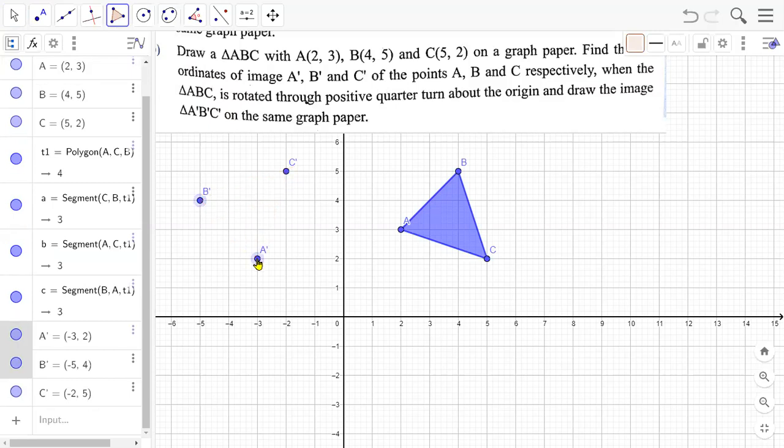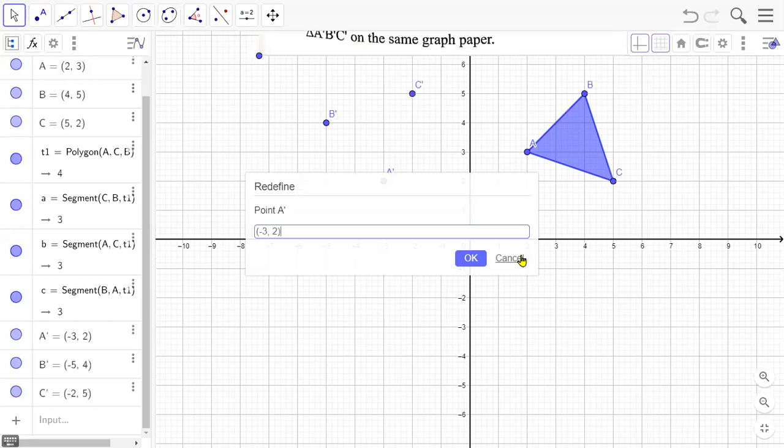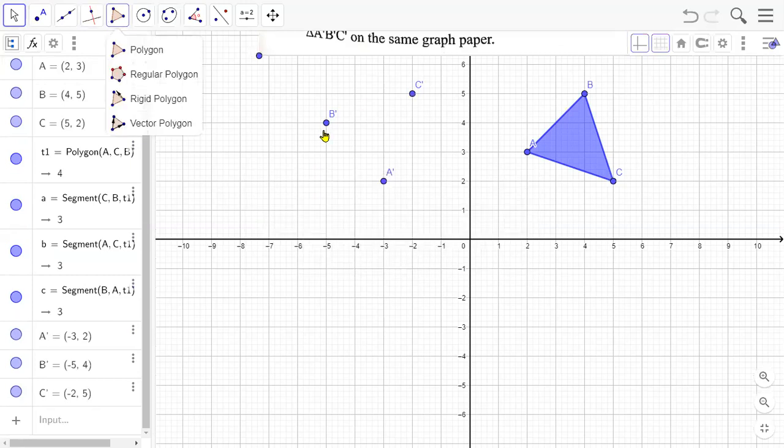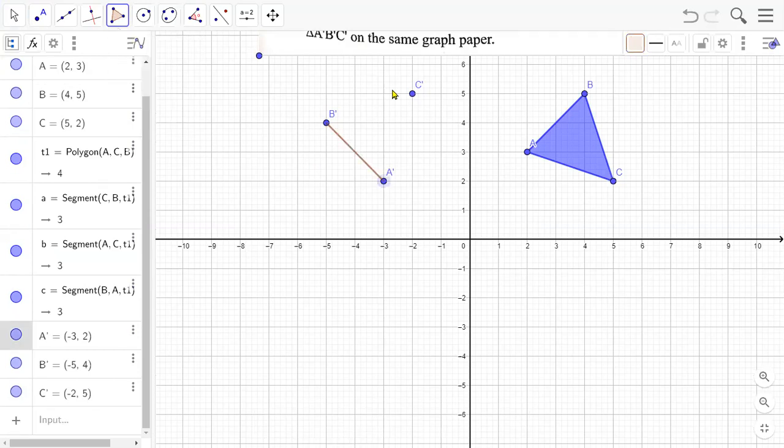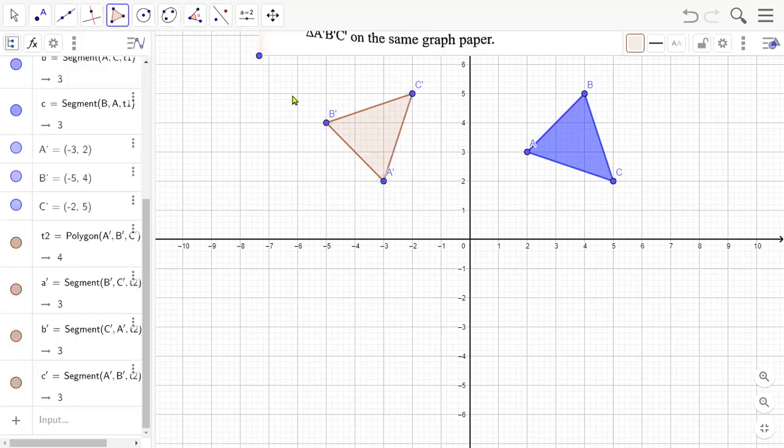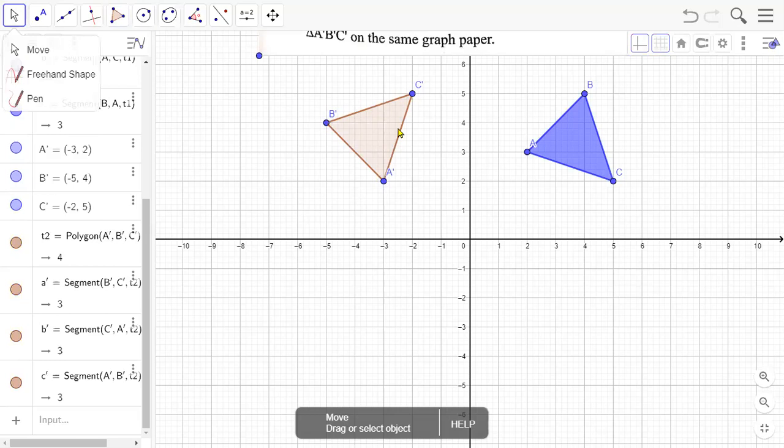Here the points are not properly connected, so let me connect them again. Finally we obtained a triangle A dash B dash C dash, and this triangle is the image triangle. This is the object triangle.